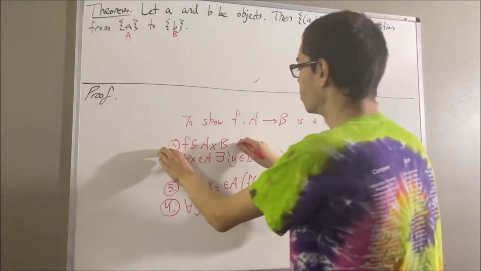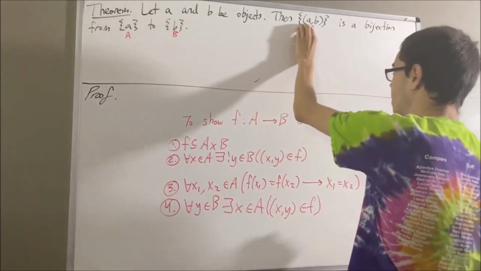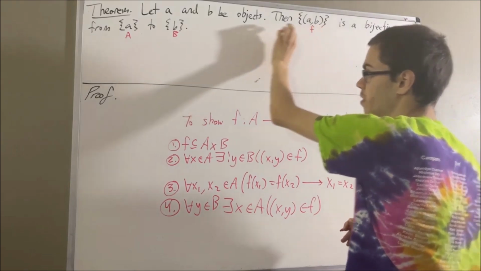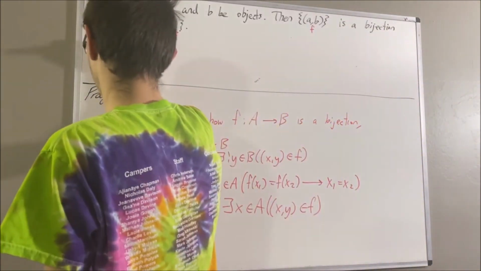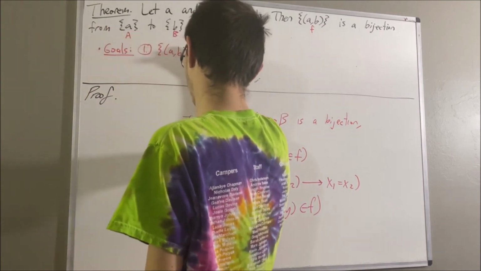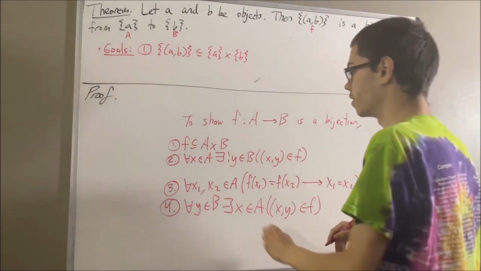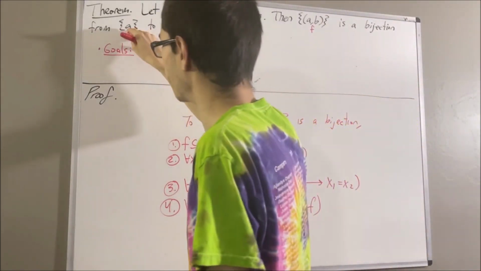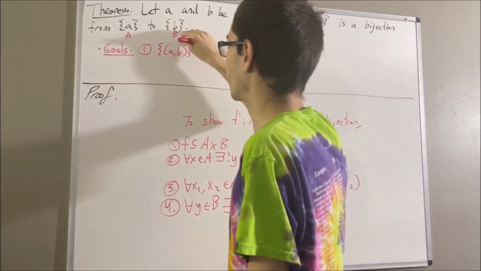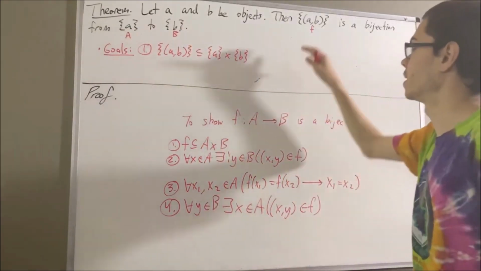So in step 1, we're trying to show that this set of ordered pairs is a subset of the Cartesian product of this set times this set. And then in step 2, we're trying to show for every element x in this set, there exists a unique element y in this set, such that x comma y is an element of this set.